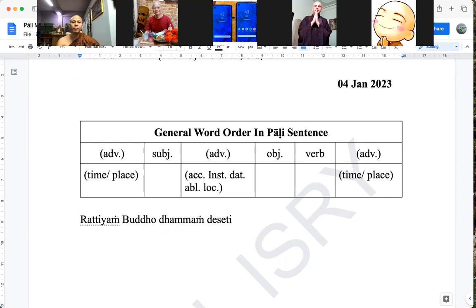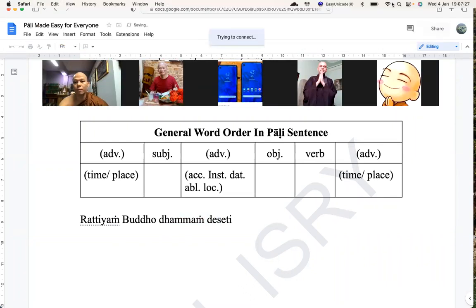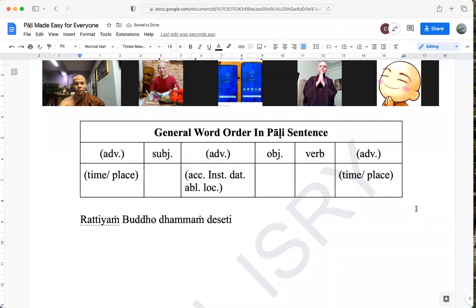Bante, the sound is no good. Sorry, maybe because of the line.